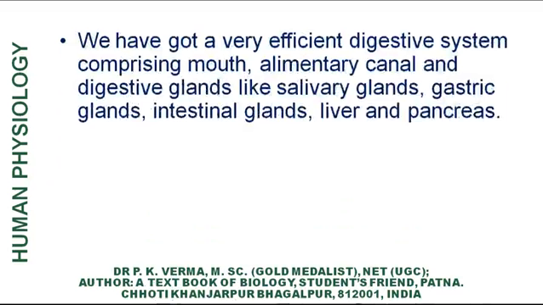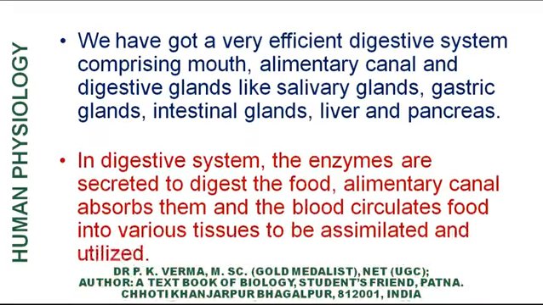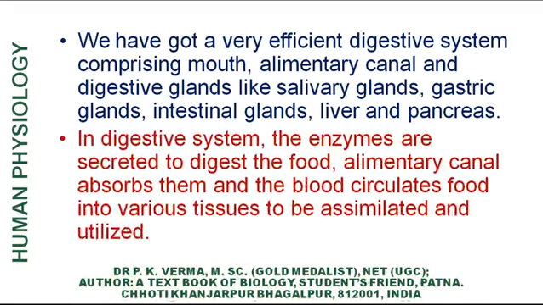We have a very efficient digestive system comprising the mouth, alimentary canal, and digestive glands like the salivary glands, gastric glands, intestinal glands, liver, and pancreas. In the digestive system, enzymes are secreted to digest the food.